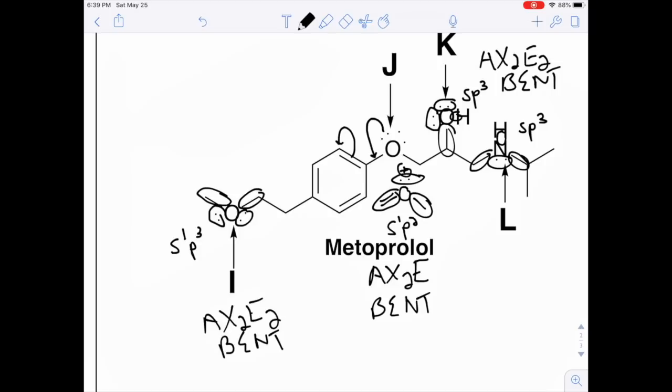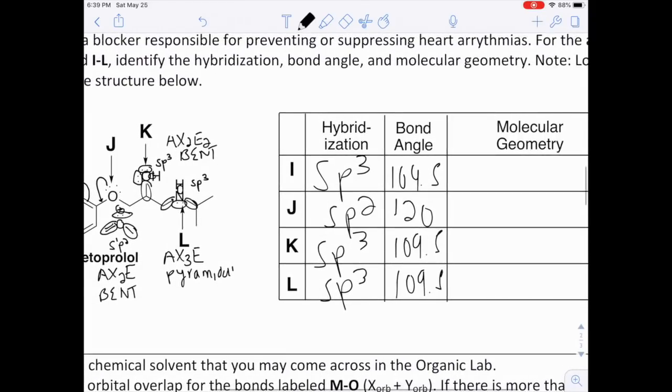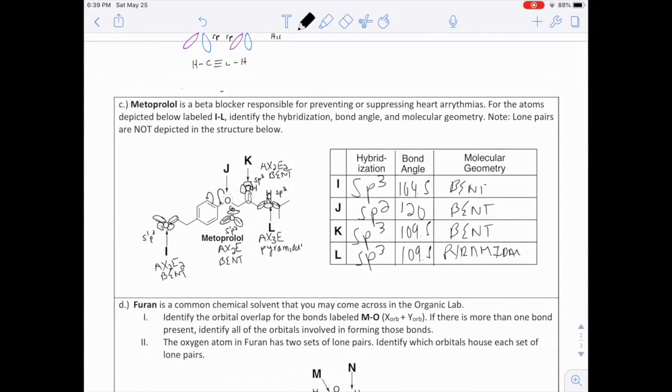And then for L, we see that we have AX3E. AX3E is pyramidal. Okay, so you can fill that in on the chart. We would say that we are bent, bent, bent, and pyramidal. Okay, so that's how you do hybridization, bond angles, and molecular geometry. Pretty easy. So let's move on to D.